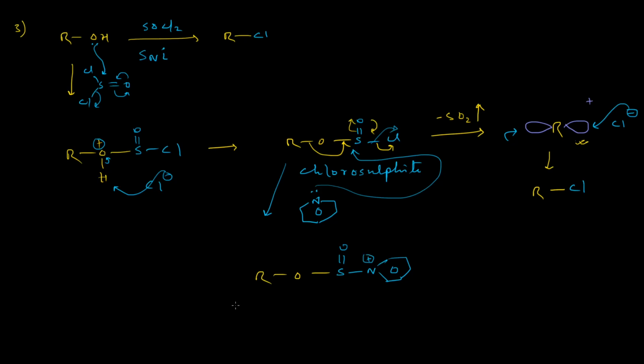Now the Cl minus will attack from the backside in an SN2 fashion, and it will give you the inverted halide as well as sulfur dioxide and the pyridine. So this is basically the role of pyridine to invert the stereochemistry in the resulting product.